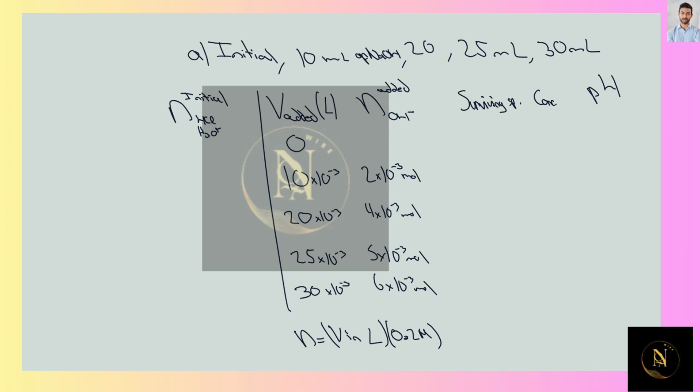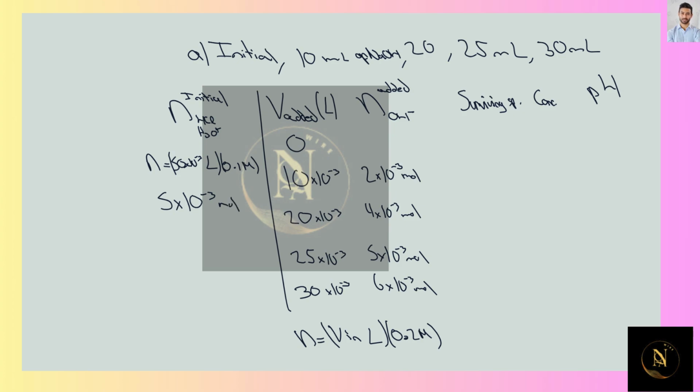We can do the same thing with HCl, but that initial amount is going to be the same always. So n is 50 times 10 to the minus 3 liters, because we have 50 milliliters of solution, times 0.1 molar concentration. So the amount is going to be 5 times 10 to the minus 3 mole.